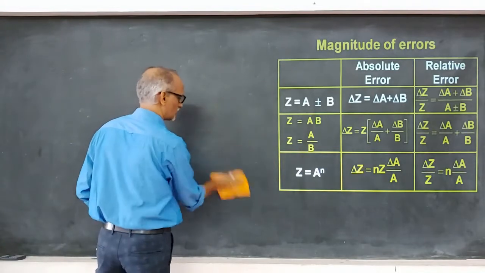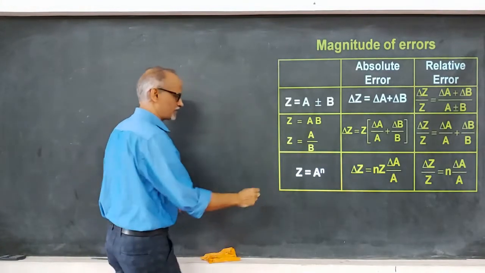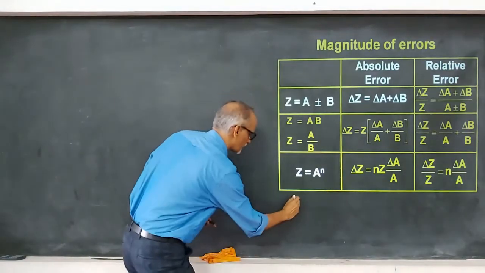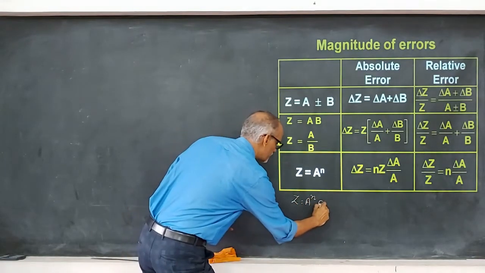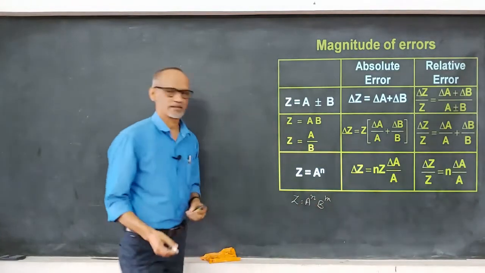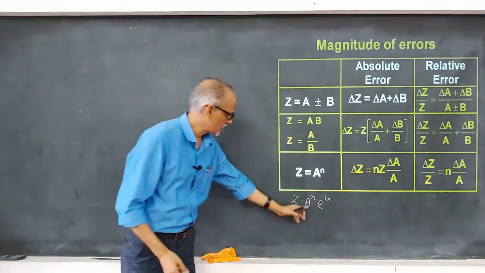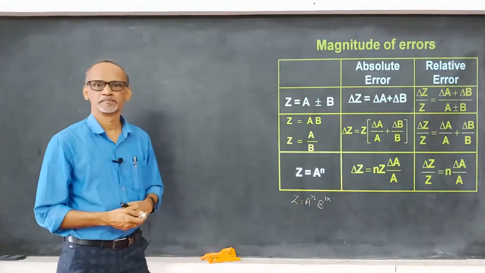I will give you more formulas here. One more formula I would like to add. If Z is A to the power n and B to the power m, like this. Not just one, there are two quantities.